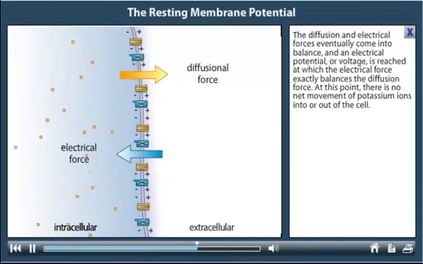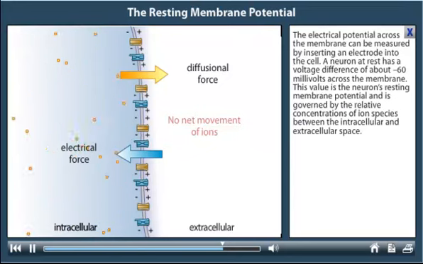The diffusion and electrical forces eventually come into balance, and an electrical potential or voltage is reached, at which the electrical force exactly balances the diffusion force. At this point, there is no net movement of potassium ions into or out of the cell.